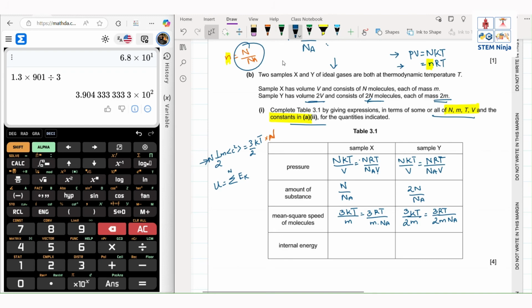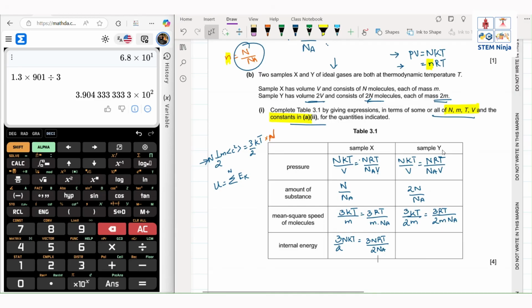So 3 by 2 NkT, okay? Or again, you could do the same thing we did over here. So 3 nRT over 2 NA.